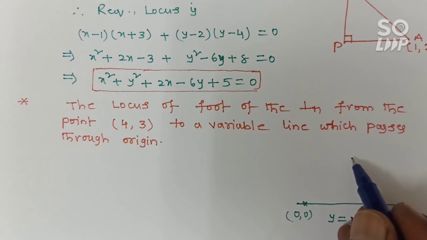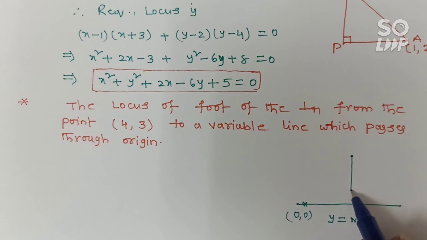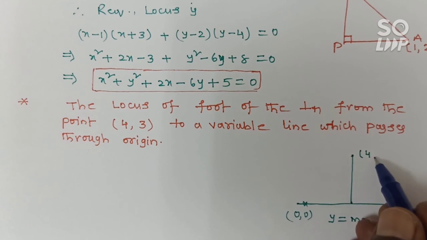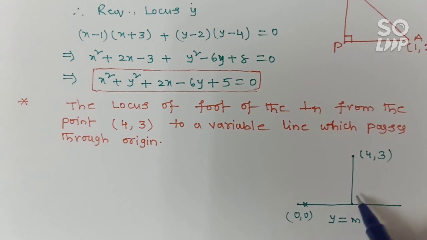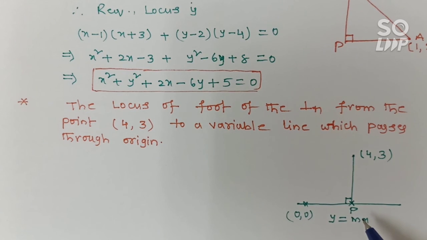Next, you draw the perpendicular from the given point 4, 3. You have to find the locus of the foot of the perpendicular. Let this point be P. How to find the locus of P?